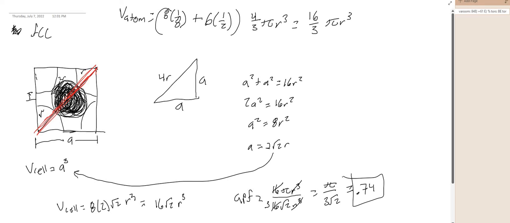So 74% of the volume in this cell is going to be occupied by atoms. What I'm doing right here is pulling out a calculator to make sure that it's 0.74. All right, so we are good.